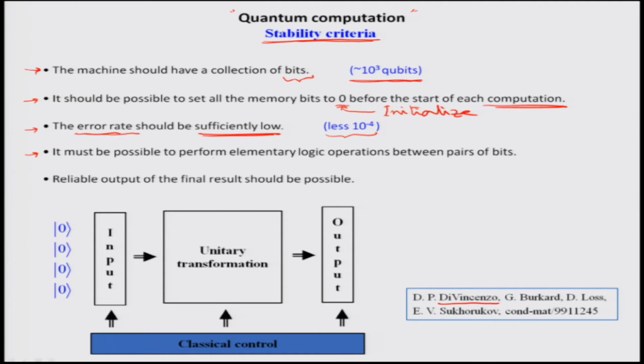It must be possible to perform elementary logic operations between pairs of qubits to ensure that computation is possible. Otherwise, just having a lot of qubits which could be initialized is not going to really have any computation go ahead with any kind of advantage.